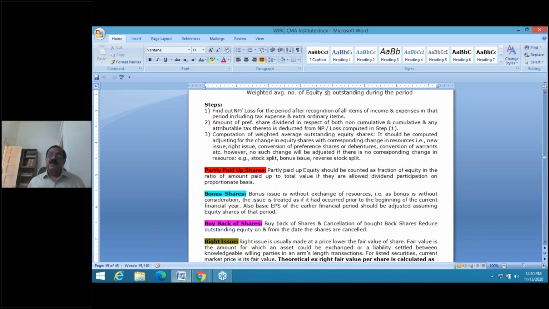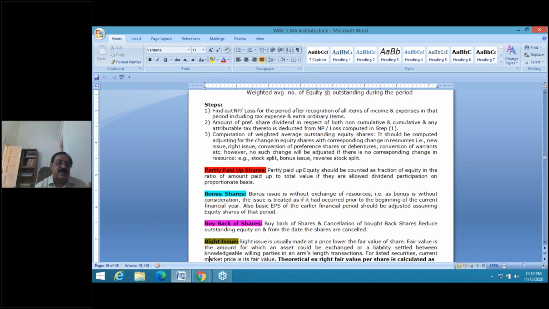So PAT minus preference share dividend, whatever type of preference shares, including dividend tax thereon, and the profit which you get is defined under this AS as profit attributable to equity shareholders. That is to be considered for your numerator.